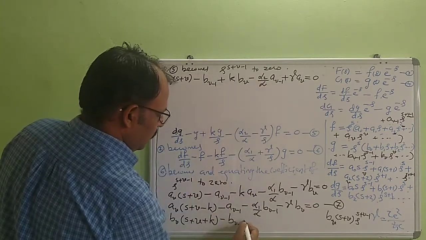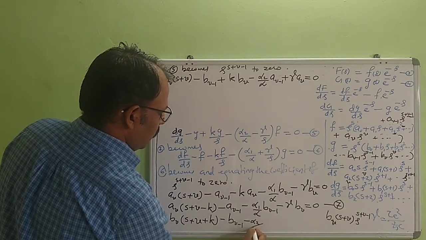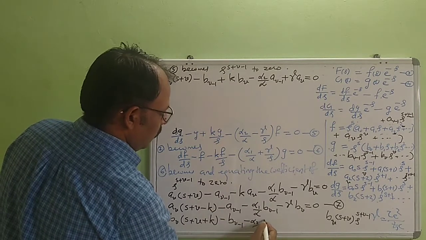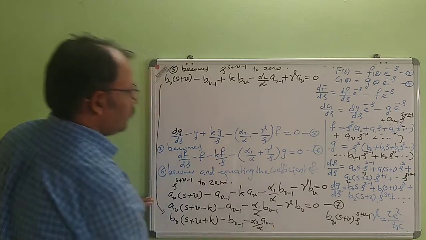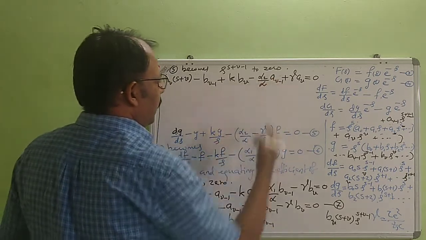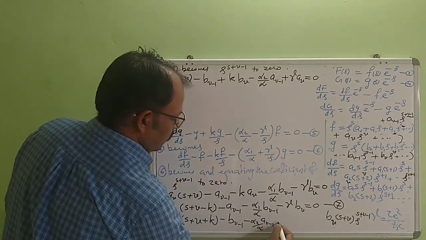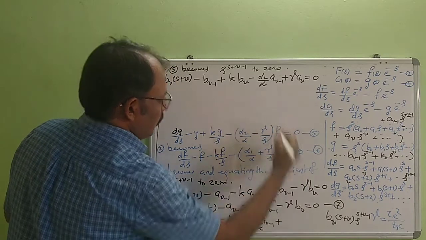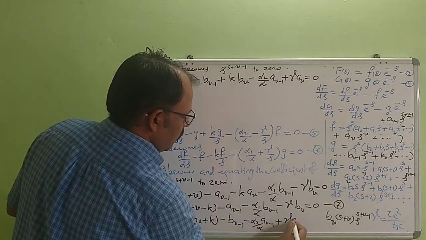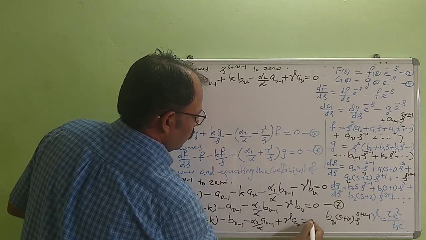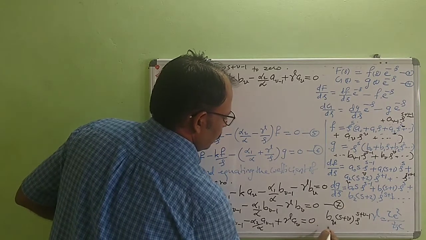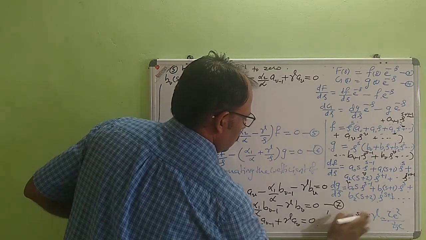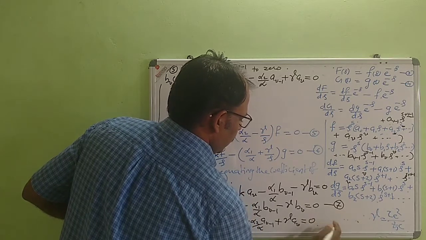Now minus alpha 2 by alpha A v minus 1 plus gamma A v equal to 0. This equation I am taking as equation number 8.